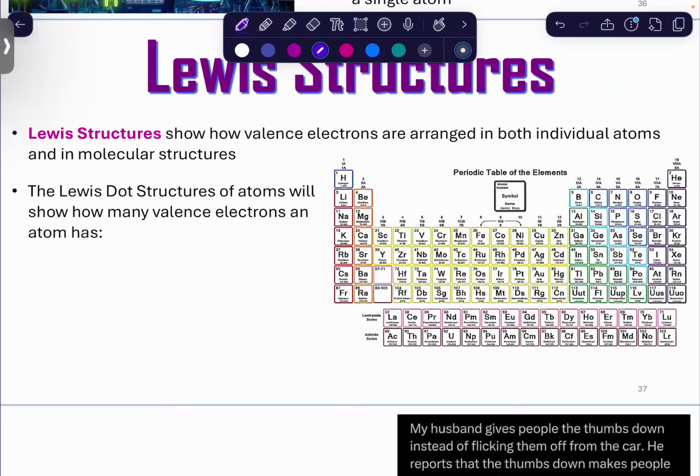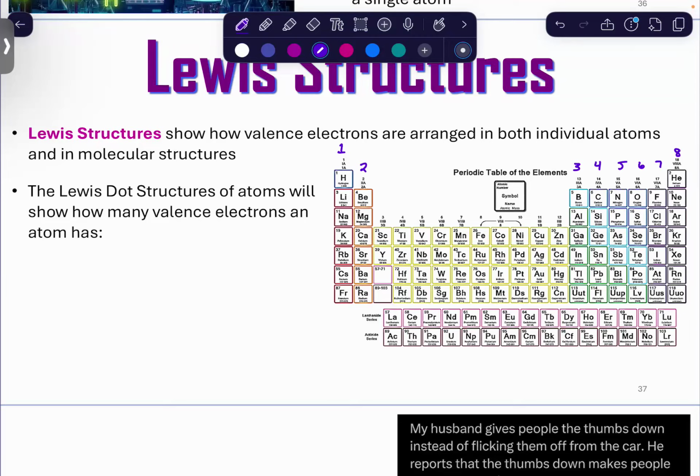But then what you want to do is relate these structures and the number of valence electrons to the periodic table. If we go through, group 1 gets 1 valence electron, group 2 gets 2 valence electrons. We're going to jump over and we're doing main group elements. So 3 valence, 4 valence, 5 valence, 6 valence, 7, and 8. So you want to be able to link the number of valence electrons to the group that the atom is in.